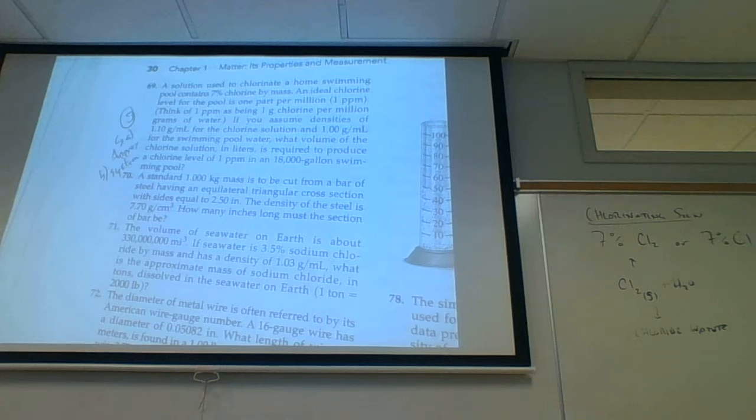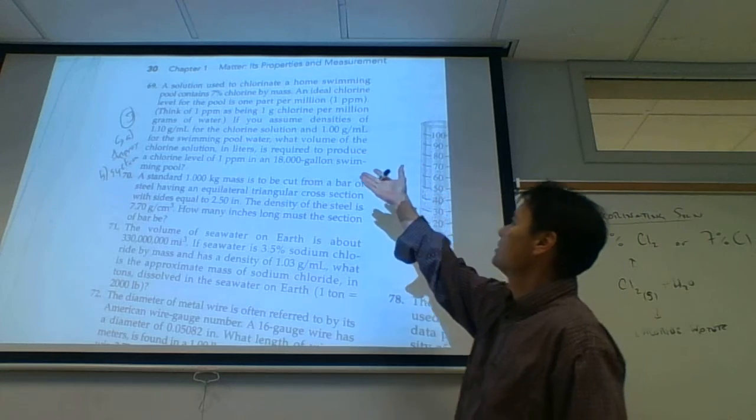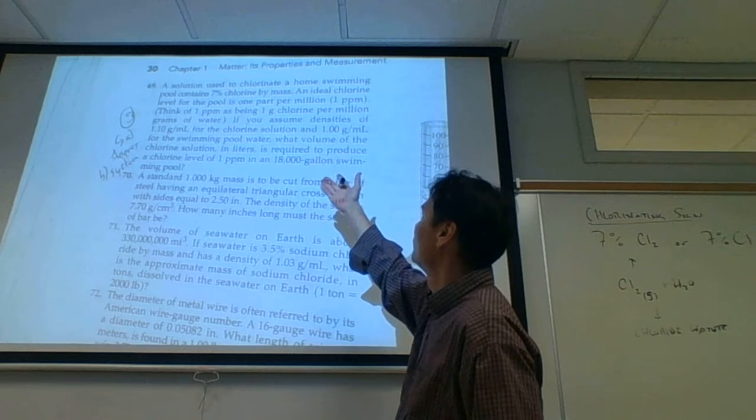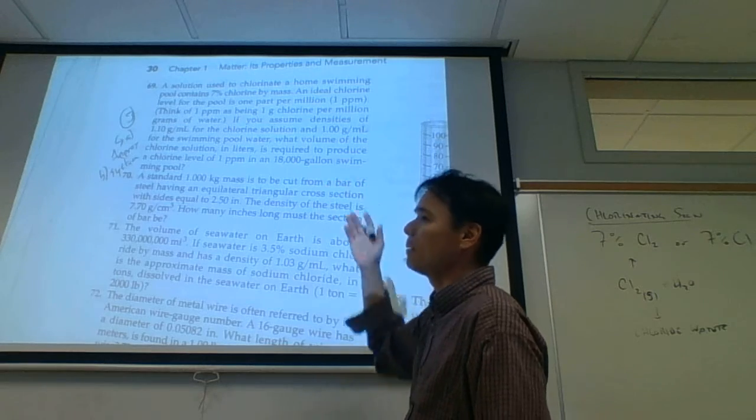So there are other chlorinating compounds. There are other species that have a bleaching action like chlorine does. And we'll talk about that bleaching action later when we get into chemistry. It's called an oxidizer. But anyway, here, it says it's used to chlorinate a home swimming pool, contains 7% chlorine by mass.